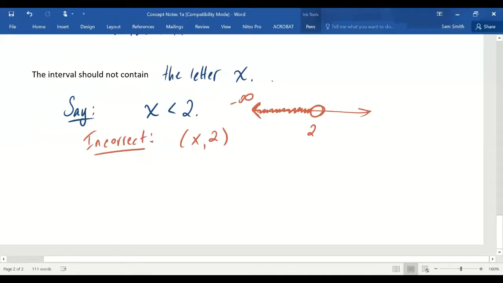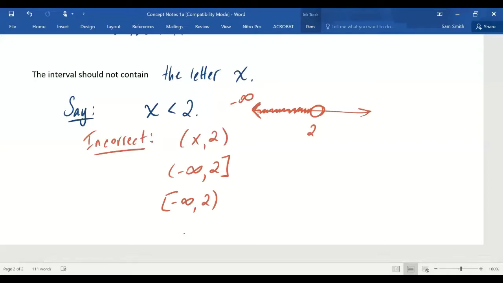So another incorrect representation of this would be something like negative infinity, 2 with a bracket next to 2. I cannot have a bracket next to 2 because 2 is supposed to be excluded. Likewise, it would be incorrect for me to have a bracket on negative infinity because negative infinity can never be included.